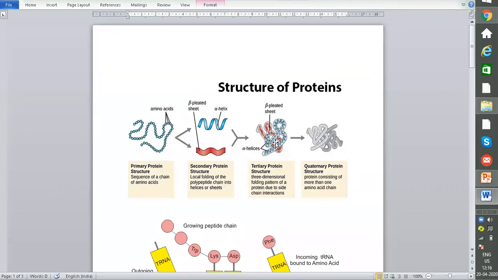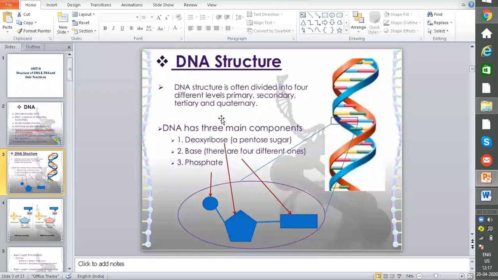In the tertiary structure, the interaction is greater, so alpha and beta interactions will be there. In the secondary structure, only alpha or beta interaction is there, but in the tertiary, alpha as well as beta are there. In the quaternary structure it is intensified, so a greater number of alpha and beta interactions are present. So DNA has these four structures: primary, secondary, tertiary, and quaternary.